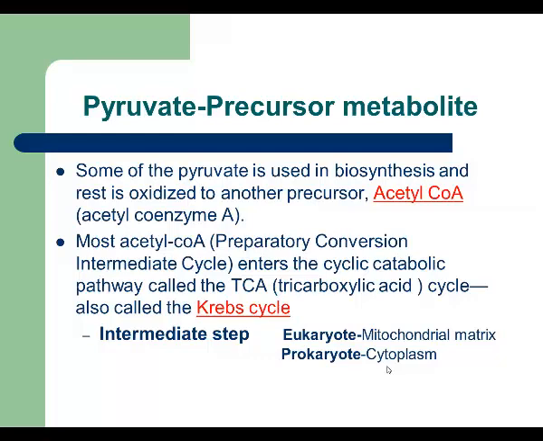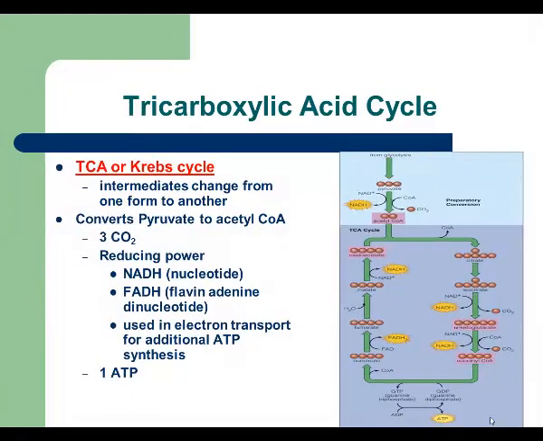The substrate for Krebs cycle is acetyl-CoA, and as the end product it produces 3 CO2 molecules. Once again, this slide shows you that TCA cycle or Krebs cycle is a chain of biochemical reactions. It forms 4 precursor metabolites. 1 ATP molecule will be formed as a result of TCA cycle, and the end product of Krebs cycle or TCA cycle is 3 molecules of carbon dioxide.